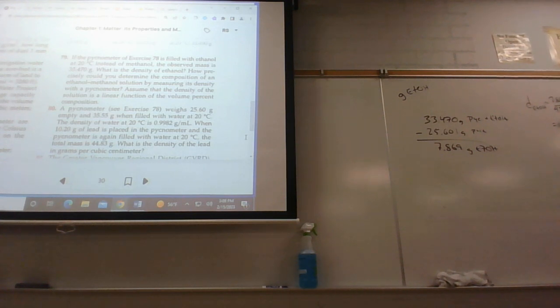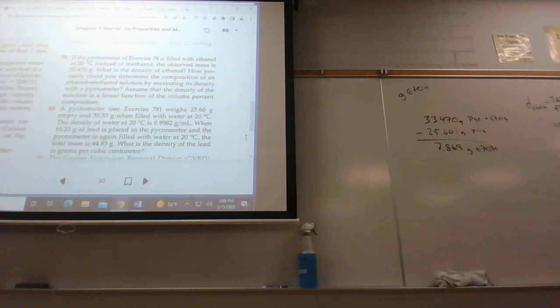So if we measure the density to 2 sig figs, there's no way we could tell the difference. If we measure it to 3 sig figs, could we tell the difference? Yeah, because this would be 0.789, this would be 0.791. So if we measured it to 3 sig figs, we might be able to tell the difference, but then there's experimental error and uncertainty, and that could screw things up.